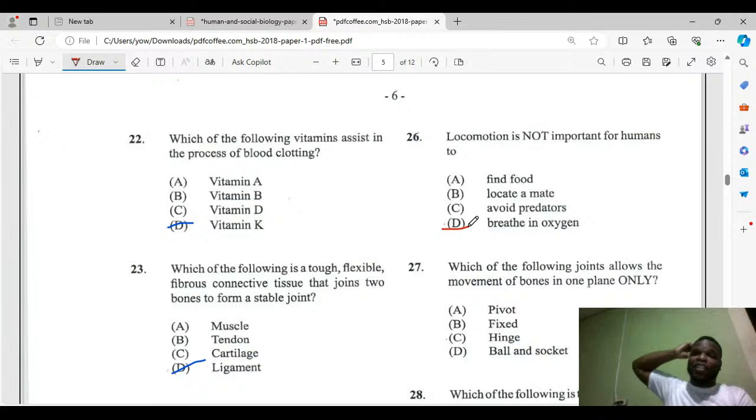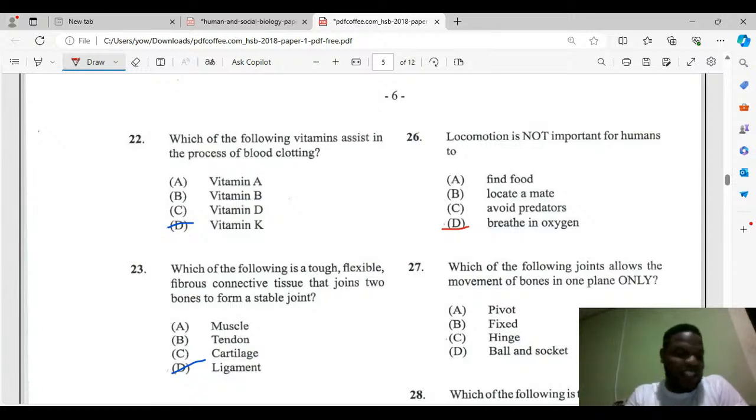All right, 27. Which of the following joints allow movement of bones in one plane only? One plane only. Which joint is that?